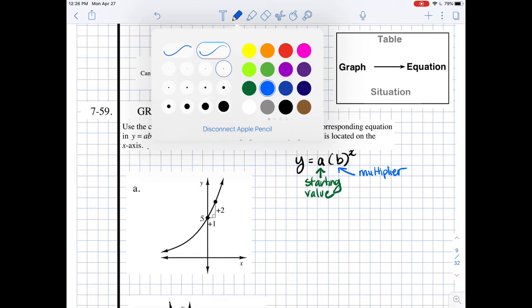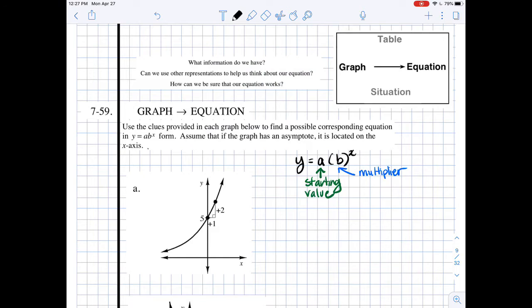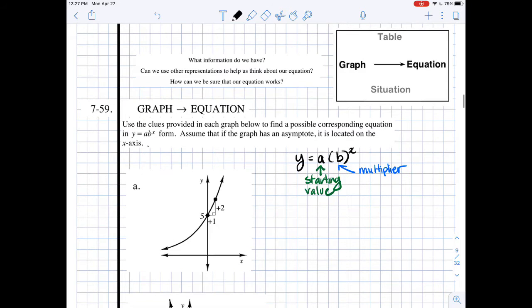So it is really important that in the previous problems, you were given a table and you had to find the equation of the line given a table. So let's start off with that. So we know that this first point, the x is going to be 0 and our y value is going to be 5.